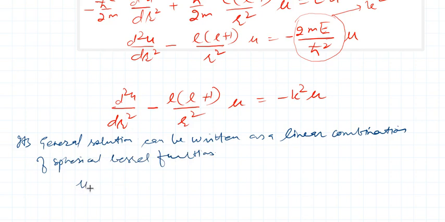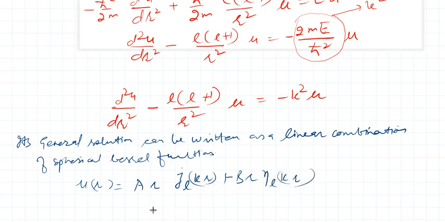That is, u(r) can be written as A(r) j_L(kr) plus B(r) n_L(kr), or somewhere it is written as eta_L(kr).